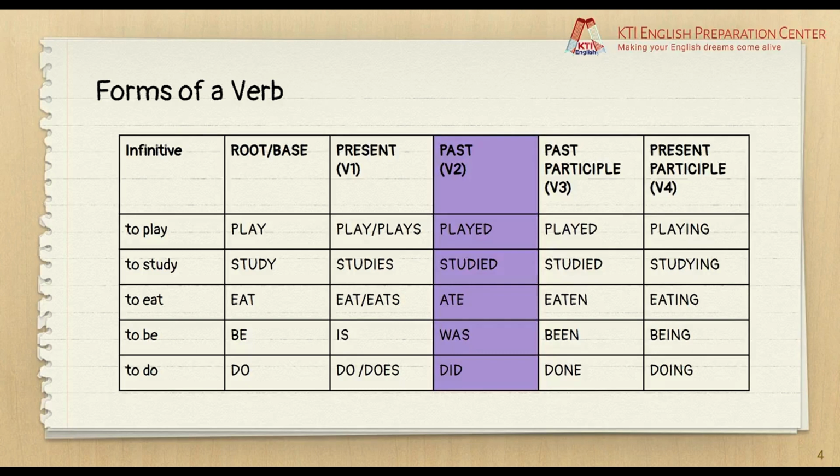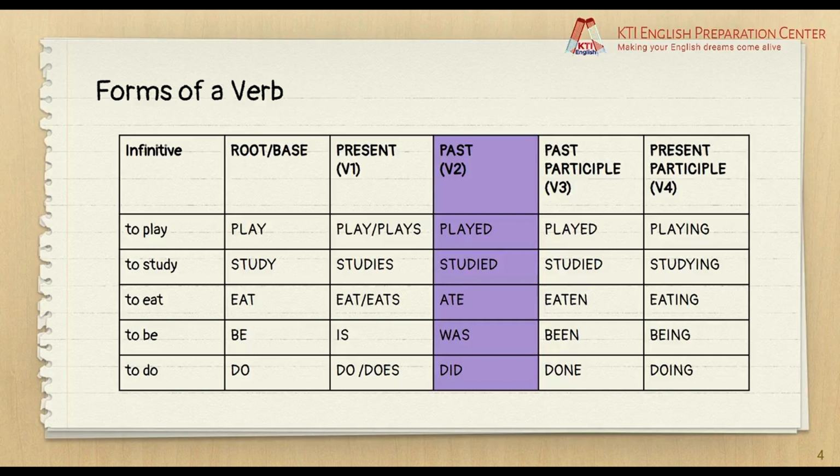Present tense, verb 1. Lots of you have studied English in your home countries, and you look at this chart, you learn verb 1, verb 2, verb 3, verb 4. So that might be easier for you to refer to it. Present tense or verb 1 is usually when you add S to the word, unless of course it's an irregular verb.